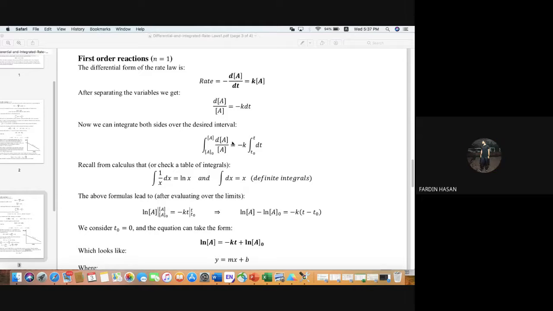Yes, sir. So what will be the ultimate value? Ln A, right? Yes, sir. Okay, ln A, and then we'll put the limits, lower limit and upper limit, like the previous equation. And for t, the time is the same as the previous equation, right? 0 to any time point t. So then what will we get ultimately?